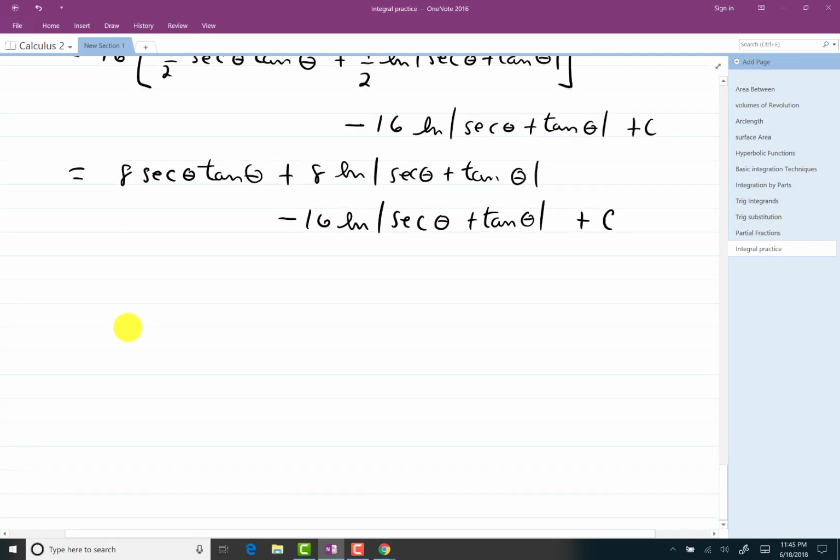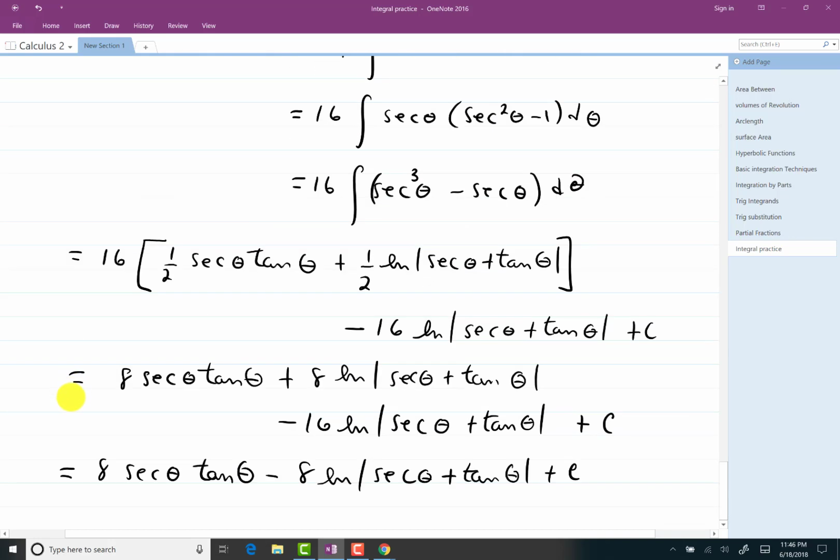And it looks like I'm left with 8 secant theta tangent theta minus 8 ln secant theta plus tangent of theta plus c. Now, all I'm left with doing is converting back to x's, as the original problem was in x's.